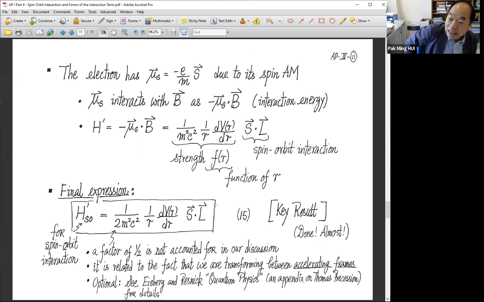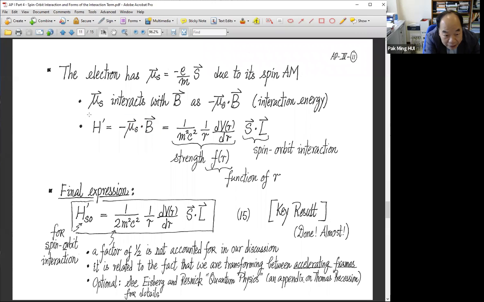Finally, we need the interaction energy, but that's easy because this field B will interact with the spin magnetic dipole moment mu s. And we know that through the Stern-Gerlach experiment, the magnetic dipole moment due to spin is minus e over m s. So we just copy this thing and dot it into the B that we found.